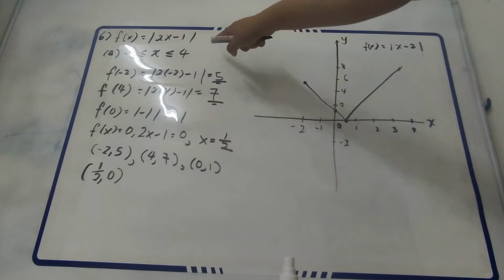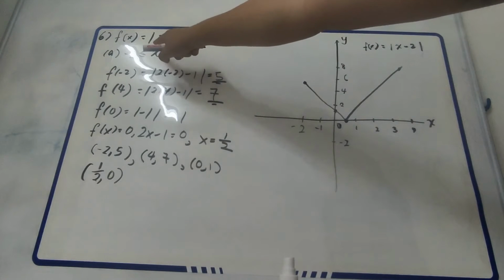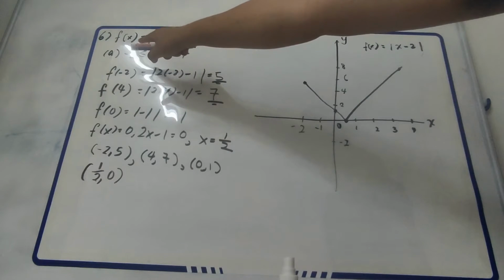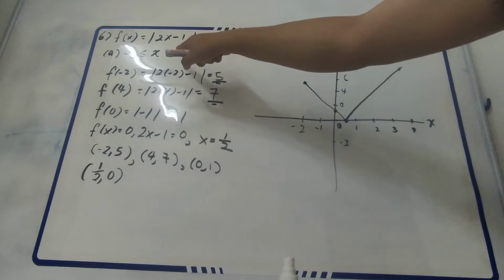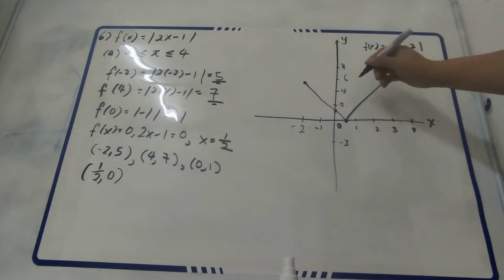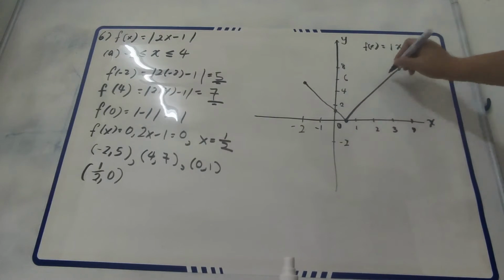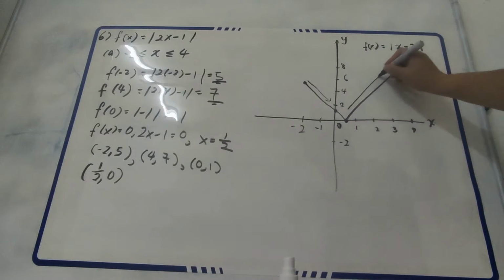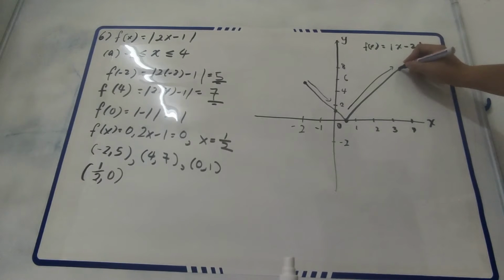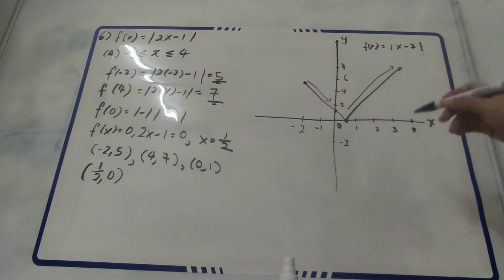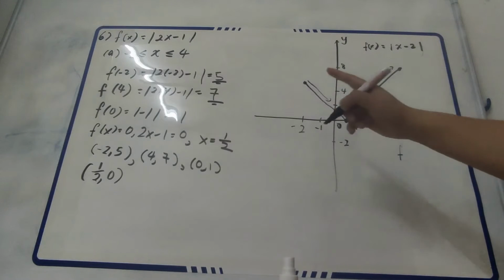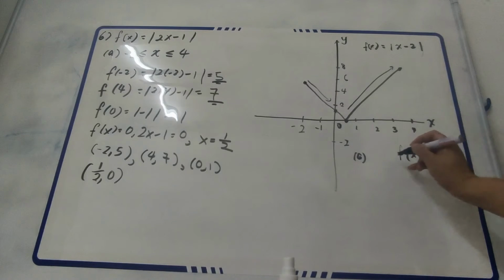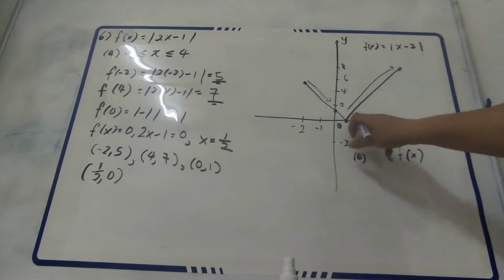So for the first question, x must be bigger or equal to -2, smaller or equal to 4. So the whole graph here within, that means from here to here until this point. So the answer for question A, the range should be bigger than or equal to 0.